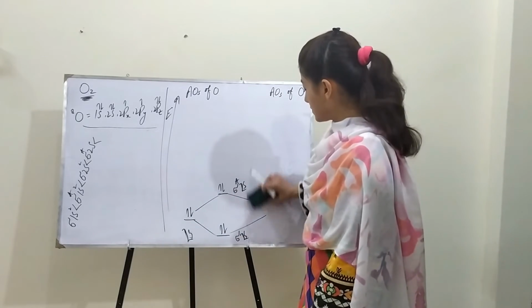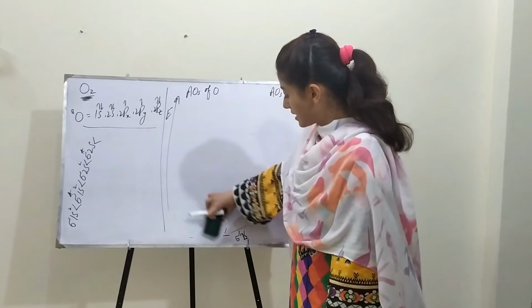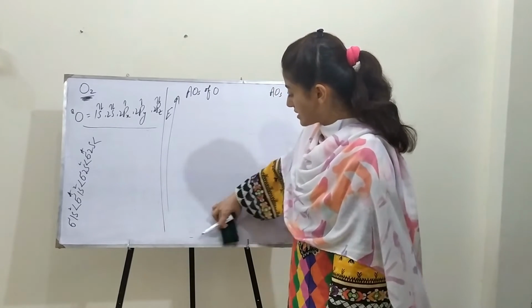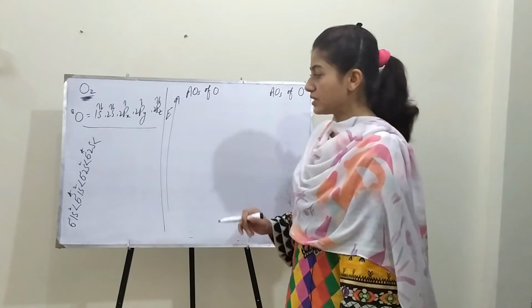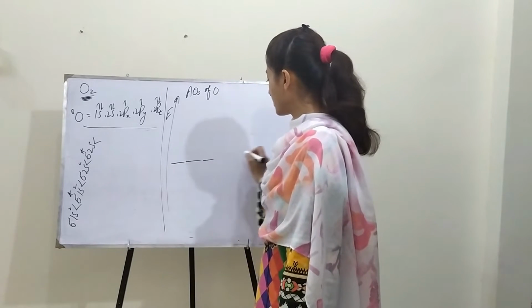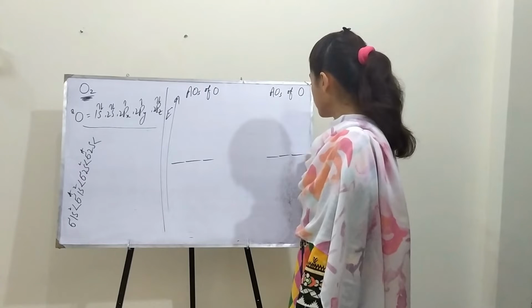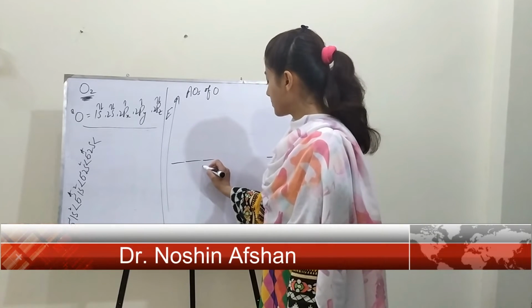The key difference between oxygen and nitrogen molecules lies here when these p suborbitals interact with each other to form the bonding molecular orbitals. Here these are the 2px, y and z.